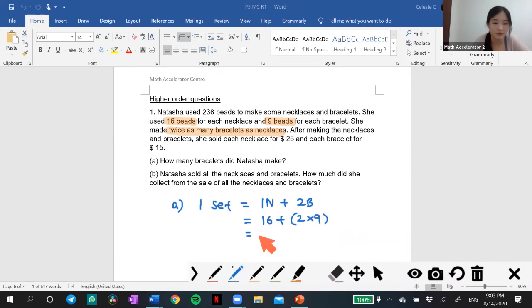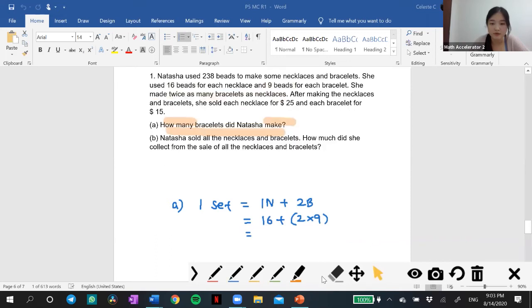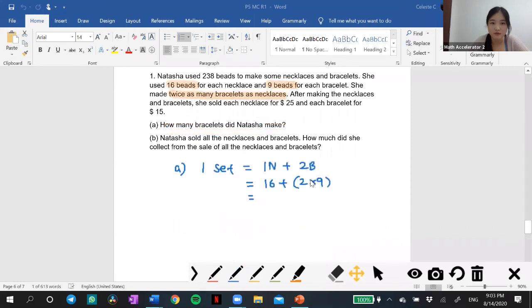Anyone can calculate this? Mm, 34 beads. So this is in 1 set, and you have a total of 238 beads.